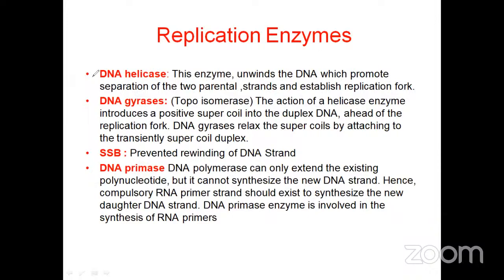For example, this is one strand, this is another strand. Always, for example, this is 5' to 3' and 5' to 3', and 3' to 5'. Here they are attached with hydrogen bonds, right?